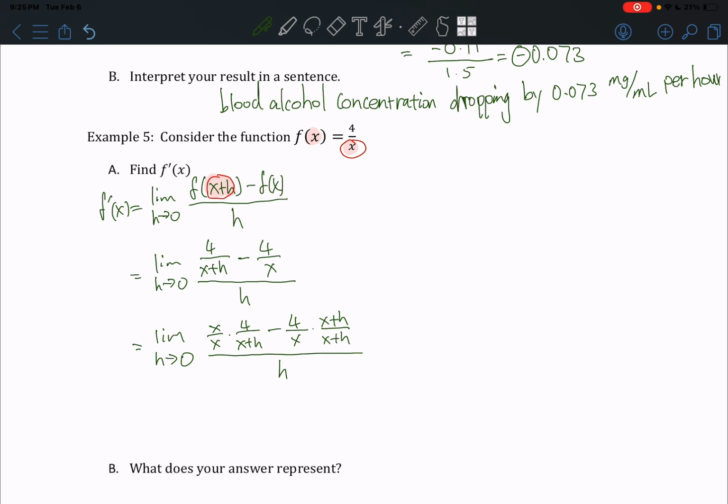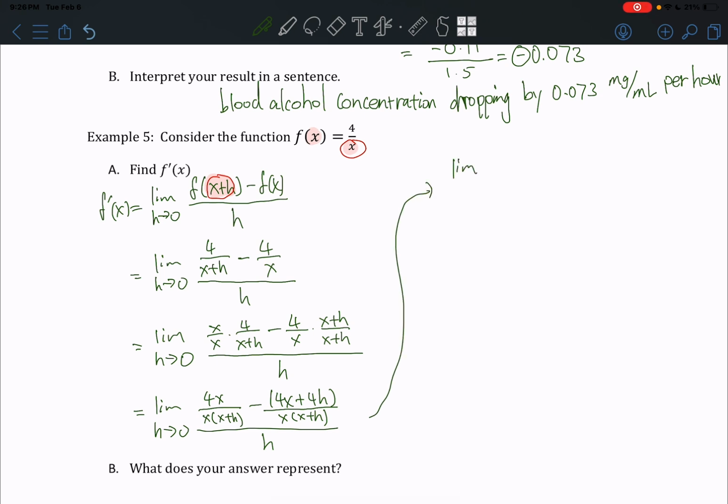Doing that is going to give me 4x over x times x plus h, minus, I'm going to distribute the 4 here as well, so 4x plus 4h, all over x times x plus h. That's how I'm going to get the same denominator, but don't forget that h at the very bottom.